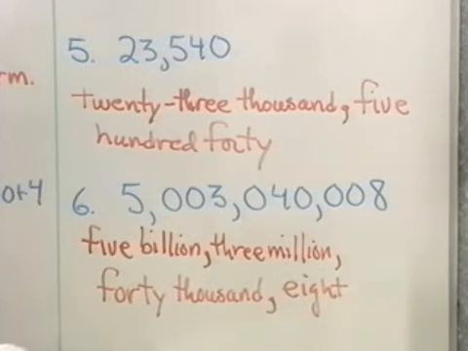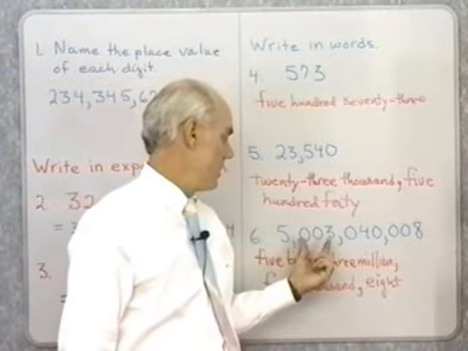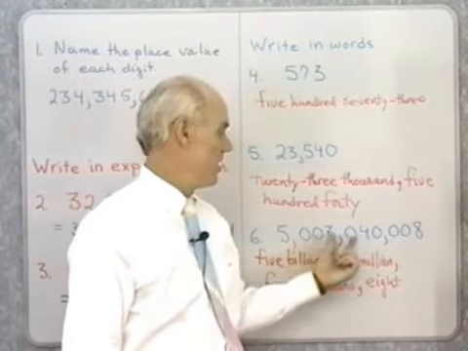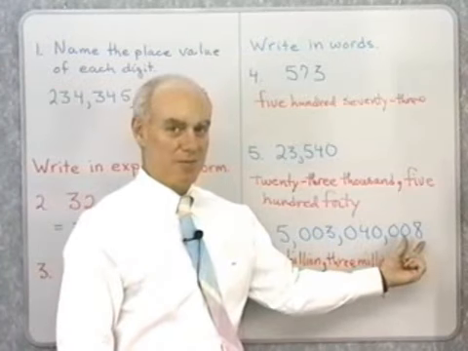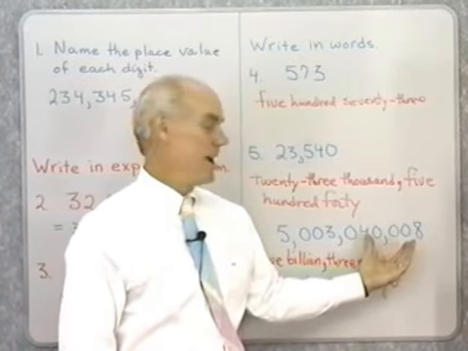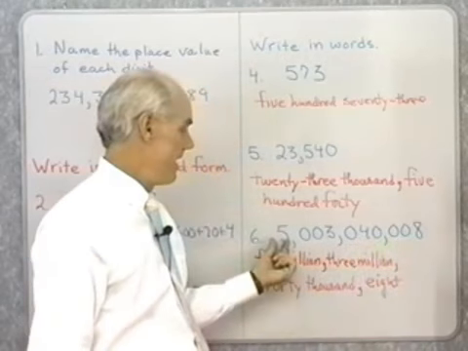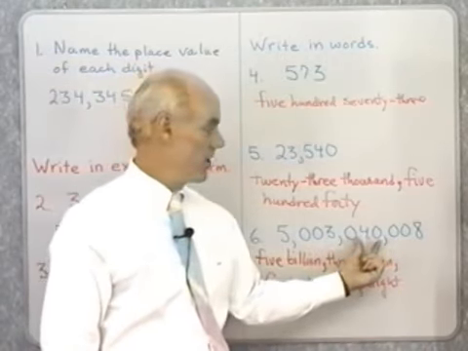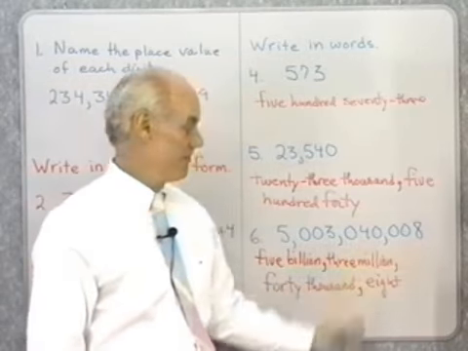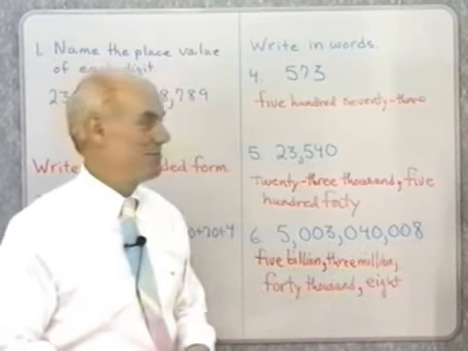Now, you want to be careful that you don't write 5 billion, 3 million, 40,000, and 8, because we're going to use that word "and" later on when we work with decimal numbers. So the correct way to do this is 5 billion, 3 million, 40,000, 8, period.